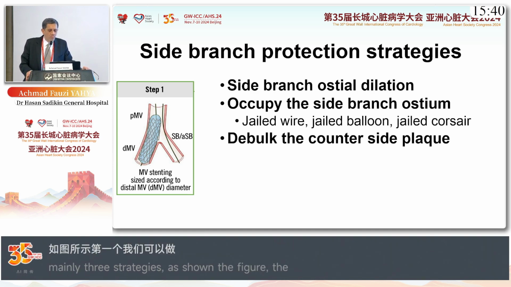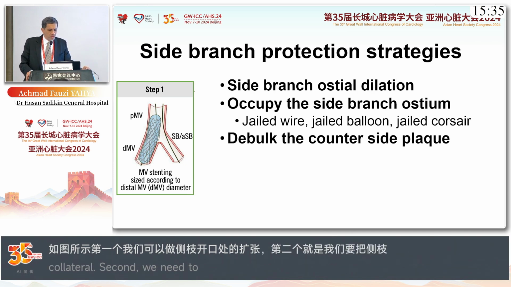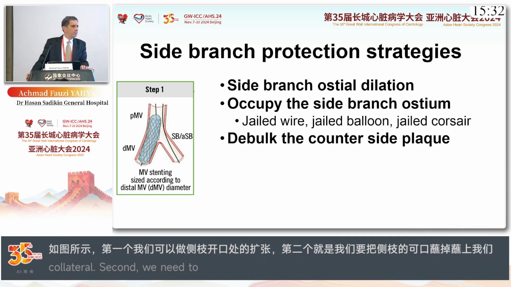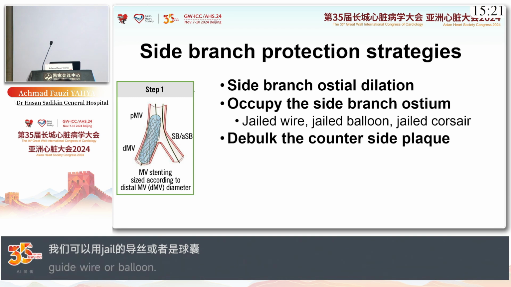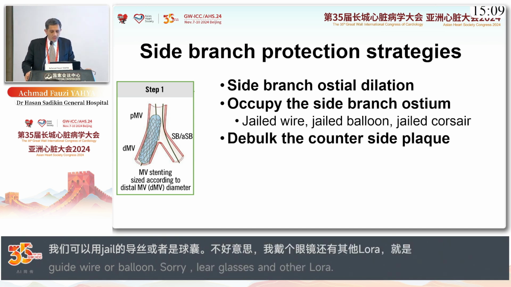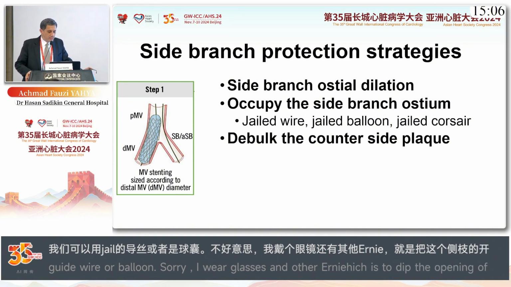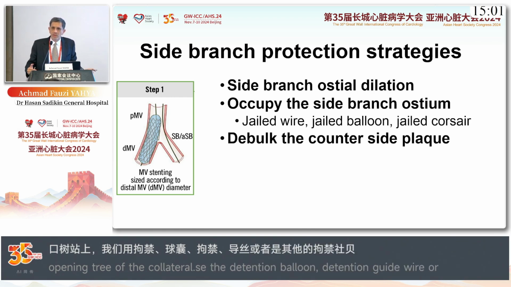The second one is to occupy the side branch ostium, whether using a jailed wire, jailed balloon, or jailed Corsair. And the other is to debulk the counter-side plaque when it is calcified, the opposite of the side branch.